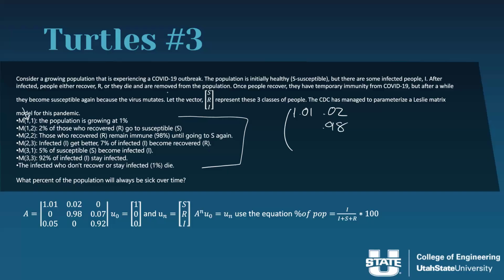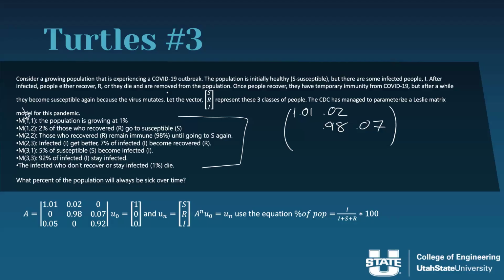And then 7% of our infected become recovered. So that means that I'm going to put a 0.07 right here, right? Because then that's my infected adding on to my recovered. And then 5% of my susceptible become infected.